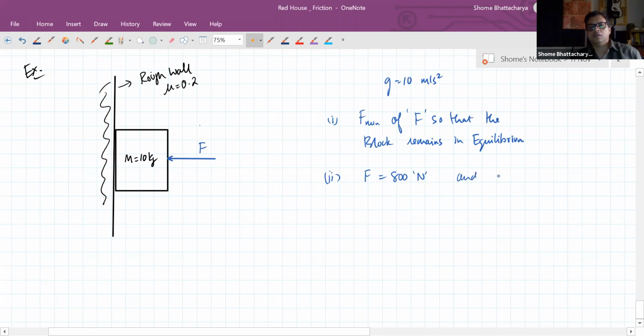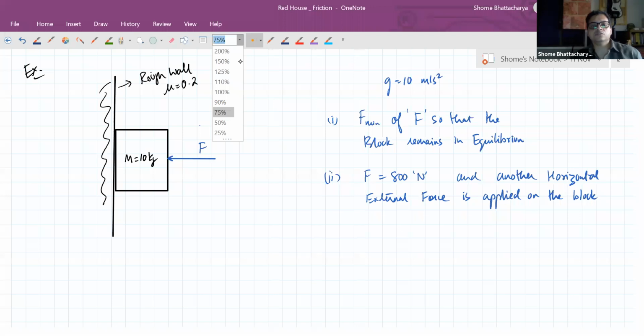And another horizontal external force is applied on the block. So this is where you have to understand the language of the question very carefully.